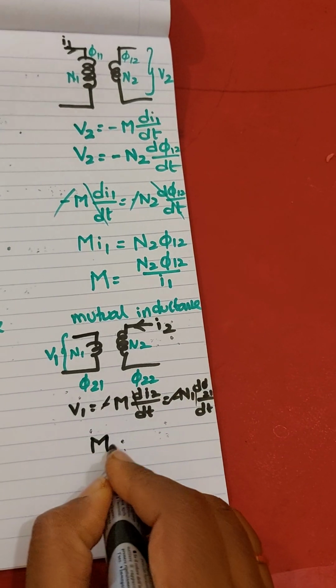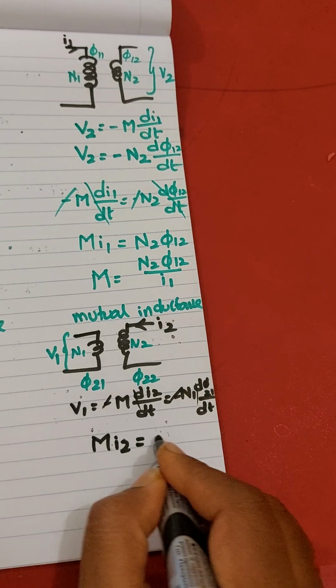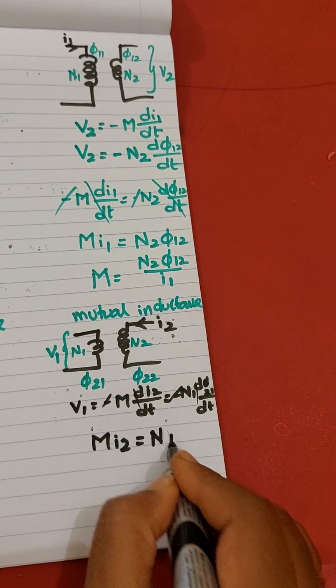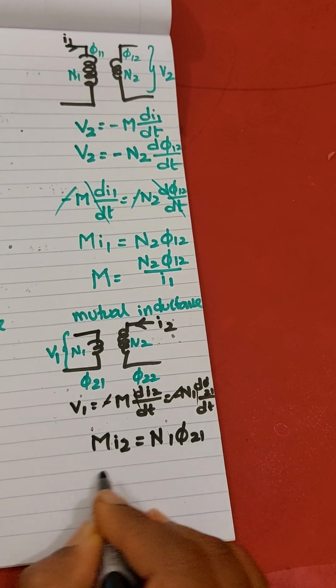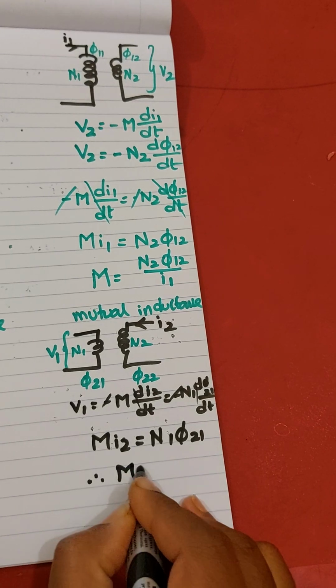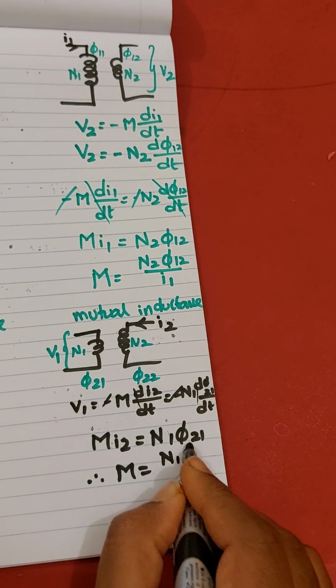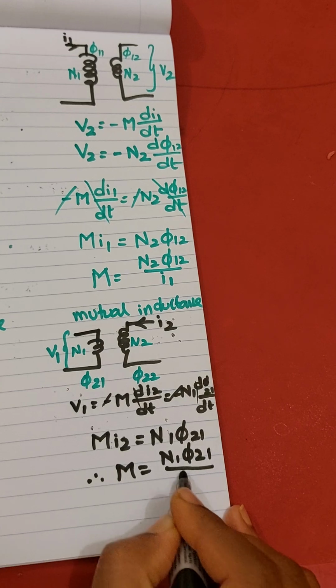It means M I2 is equal to N1 phi21, therefore M is N1 phi21 by I2.